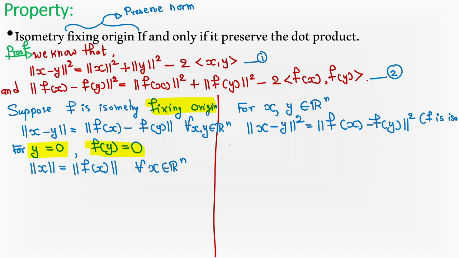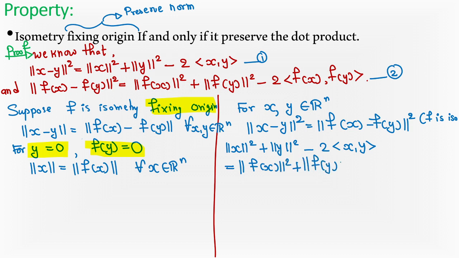If these two are equal, then we know that the norm of x the whole square plus the norm of y the whole square minus 2 times the inner product xy would be the same as the norm of f of x the whole square plus the norm of f of y the whole square minus 2 times the inner product of f of x comma f of y. Is it fine?